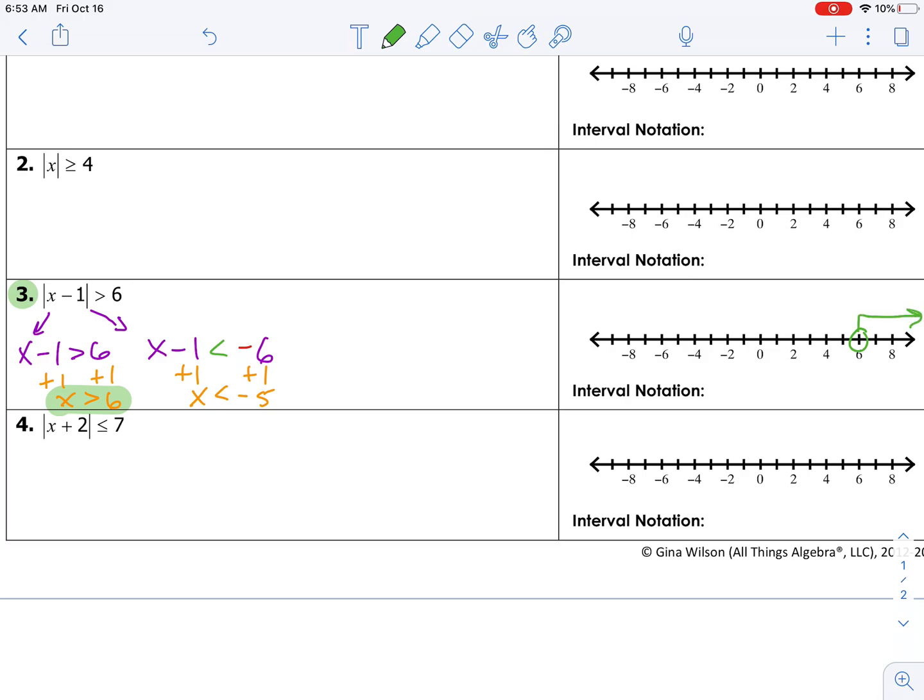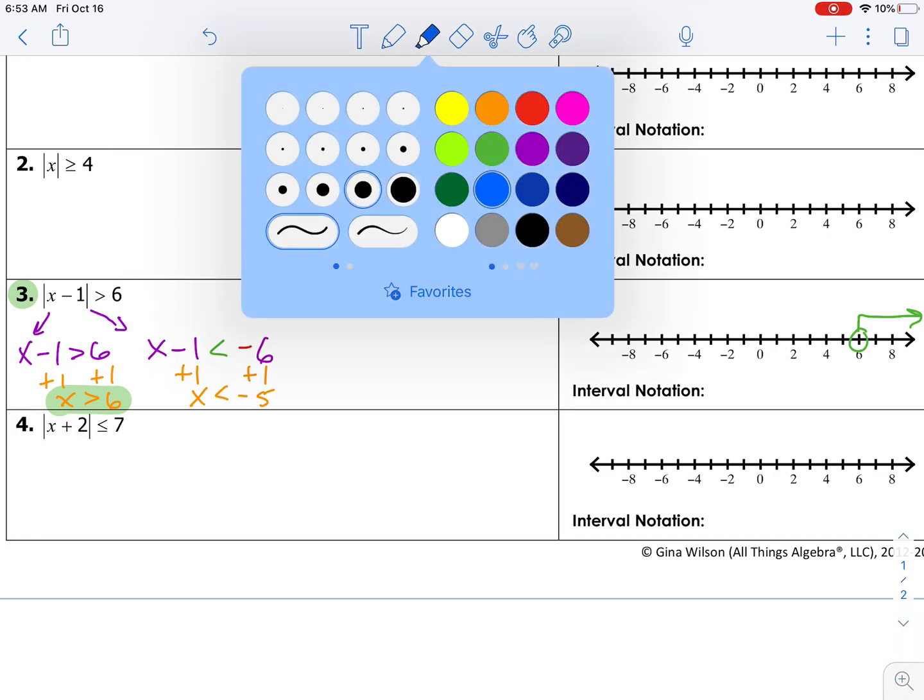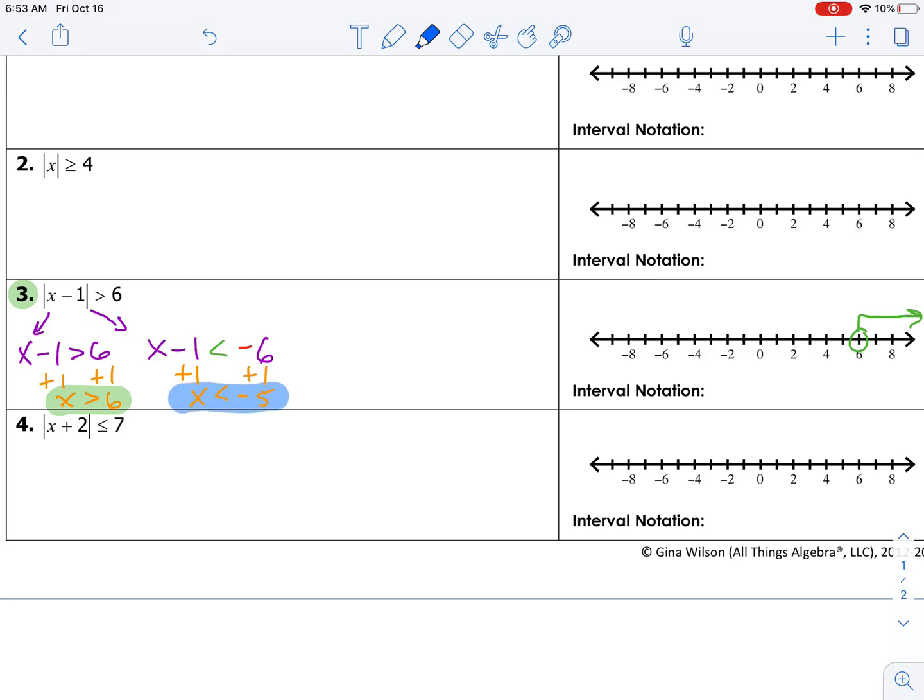If I want all the numbers greater than 6, I have to go to the right of 6. X less than negative 5, I need an open circle over negative 5. And if I want all the numbers less than negative 5, I have to go to the left of negative 5.